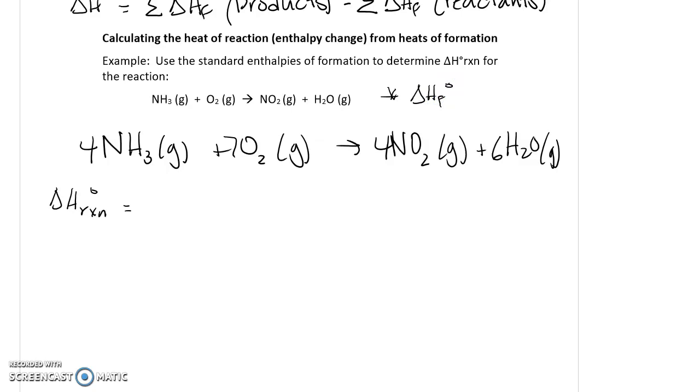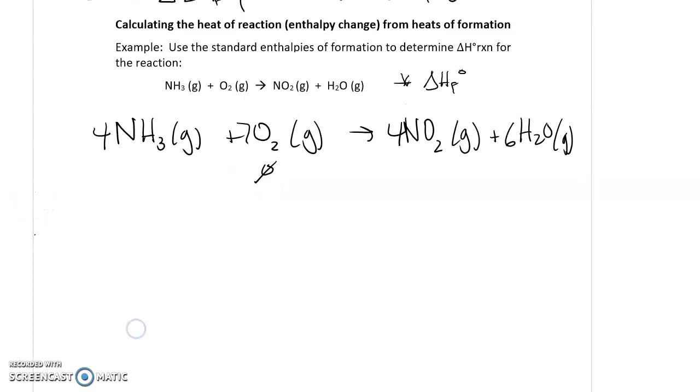Again, that's in Appendix 2, so I have to give you these. These are something that you are not going to memorize. I know one already that I can write in, because oxygen, a pure element, is going to be 0. The rest I have to look up in the table.